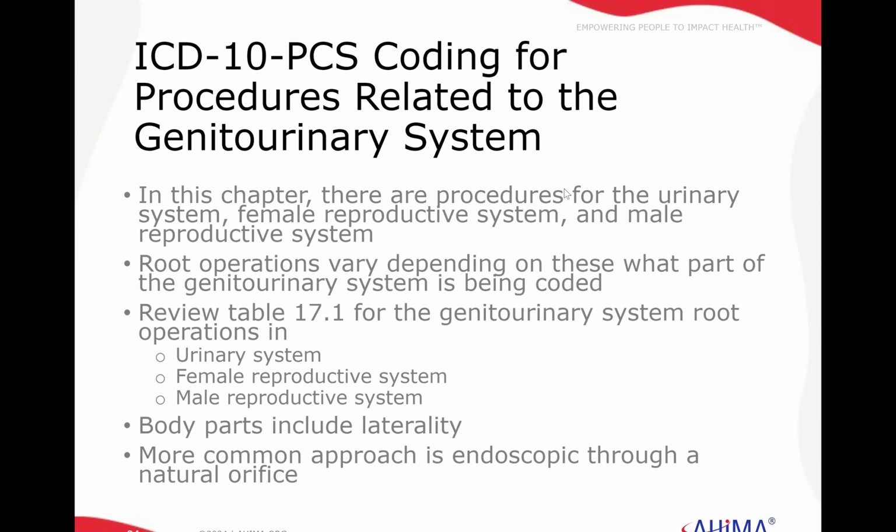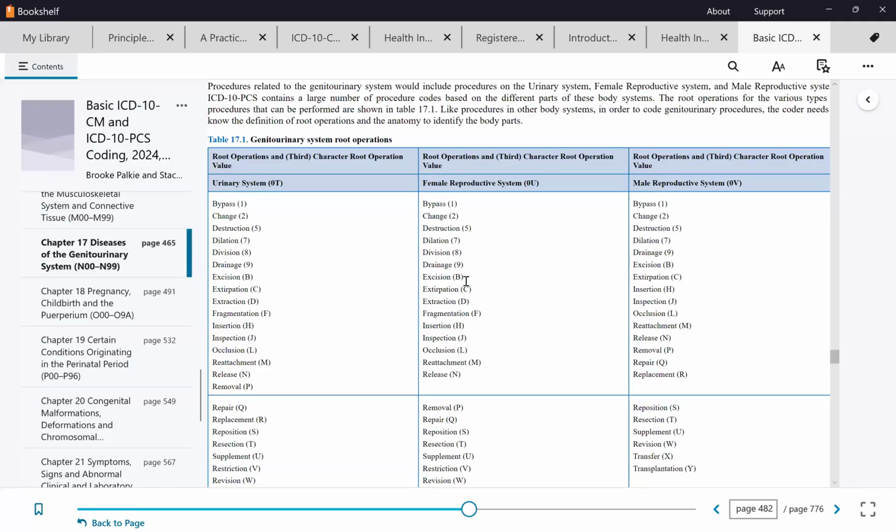With the body parts, we have laterality, as we can see in table 17.1. Let's take a look at that now. And again, here are our procedures. Note that the urinary system has distinct first two characters, as does the female reproductive system, as does the male reproductive system.